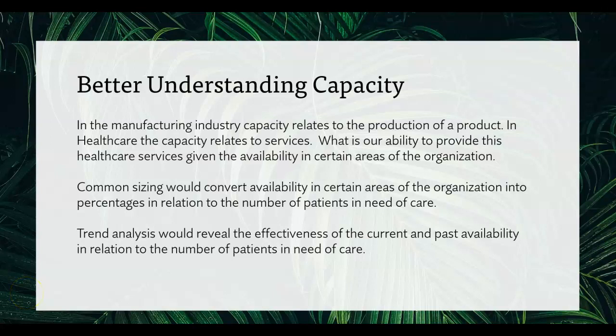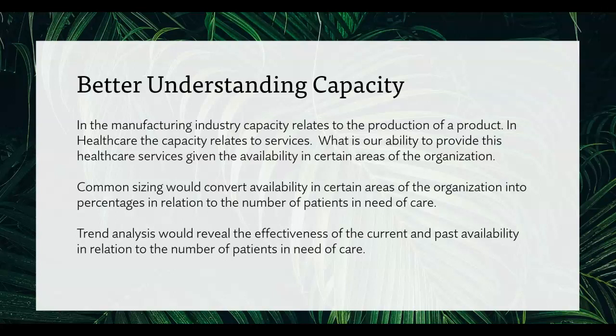And trend analysis is pretty much the same thing, but it would reveal the effectiveness of the current and past availability. So we can go back and look and say, okay, what were we utilizing in the previous years? I'll use my laboratory as an example.